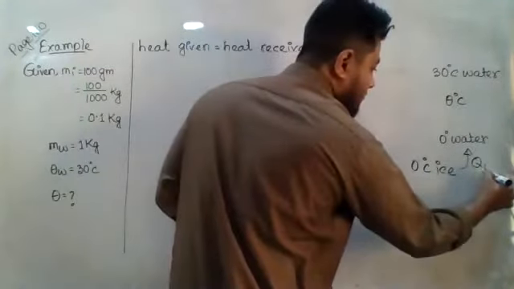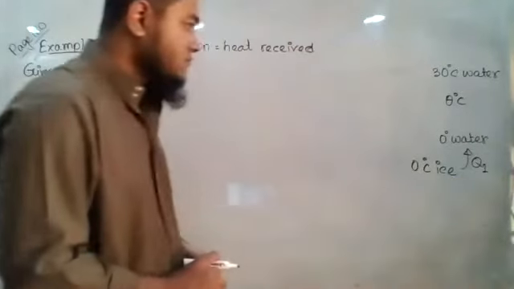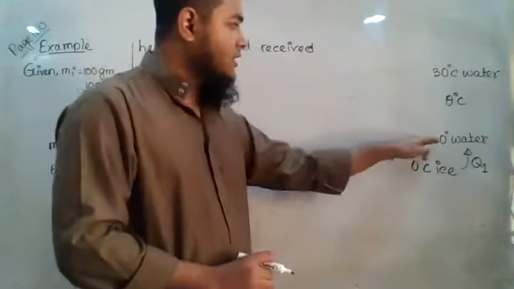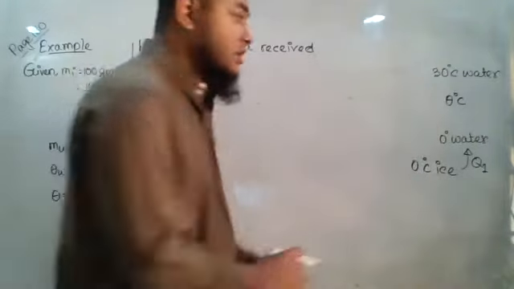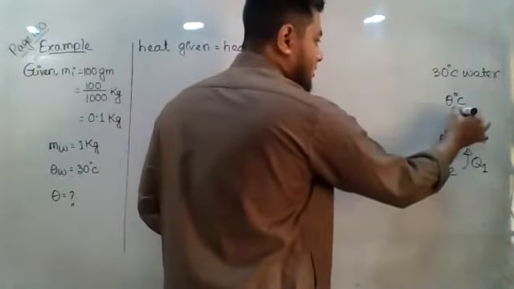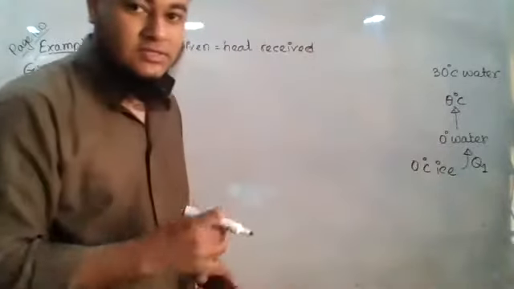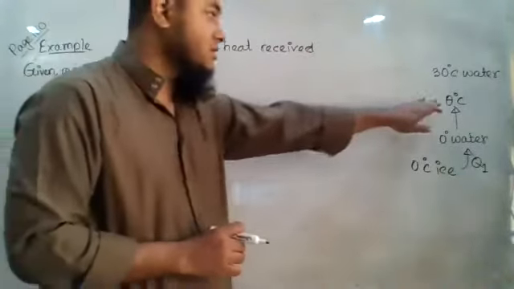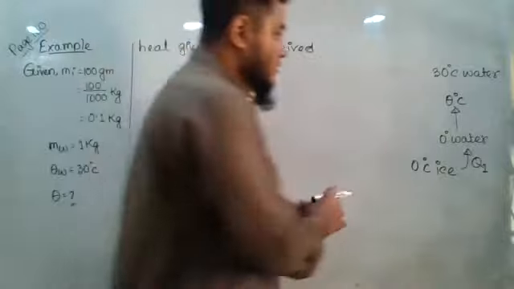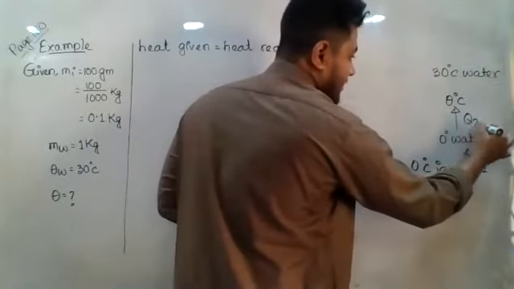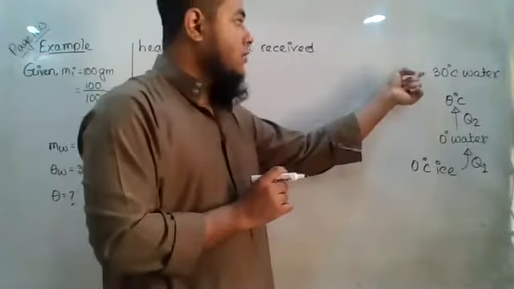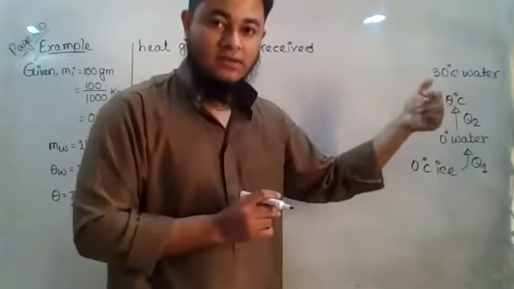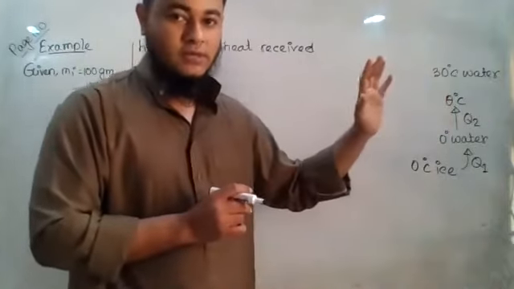This is the first step of receiving heat. Let us mention this one as Q1. Then 0 degrees Celsius water temperature will increase to theta degrees Celsius, which is the final temperature. I'm considering this to be the final temperature theta. So in the second step, let us say the heat received is Q2. Now heat given, who will give the heat? The water will be giving up the heat, right?